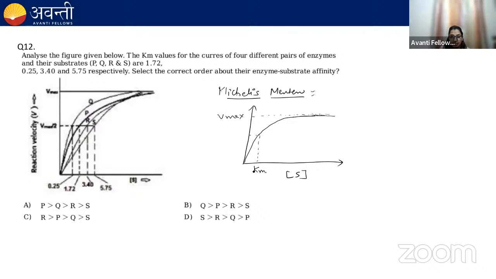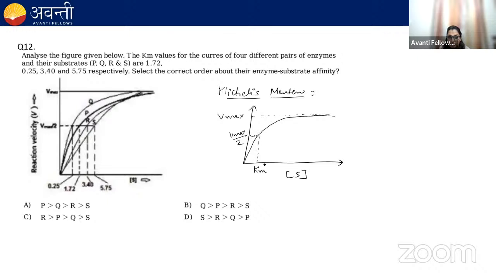And there's a Michaelis-Menten constant, which is known as Km. Km is the concentration of the substrate at which the reaction velocity becomes half of its maximum velocity. We can say the maximum velocity is Vmax.